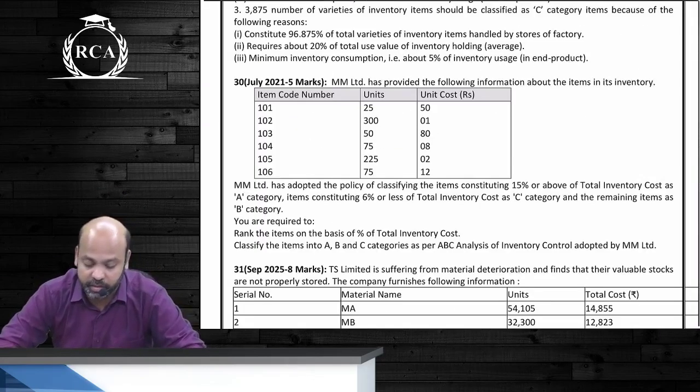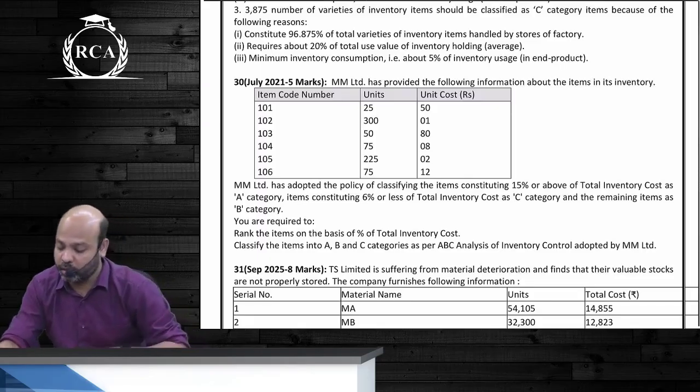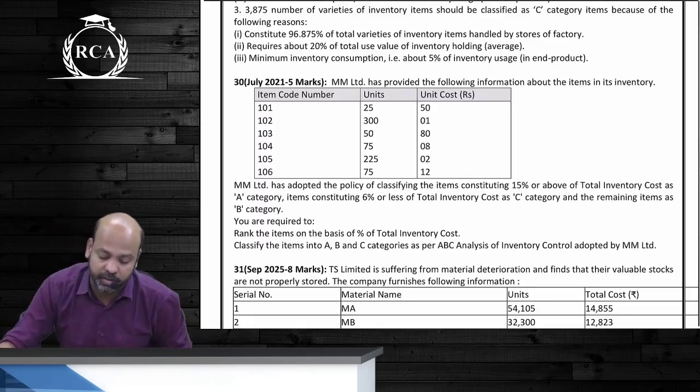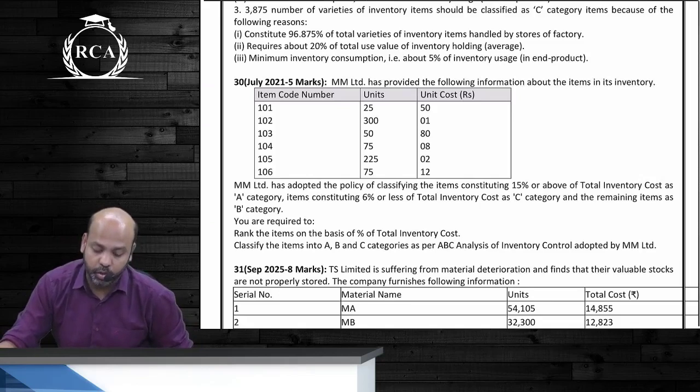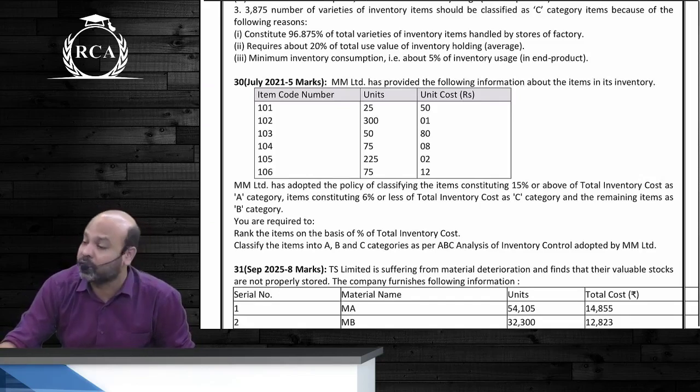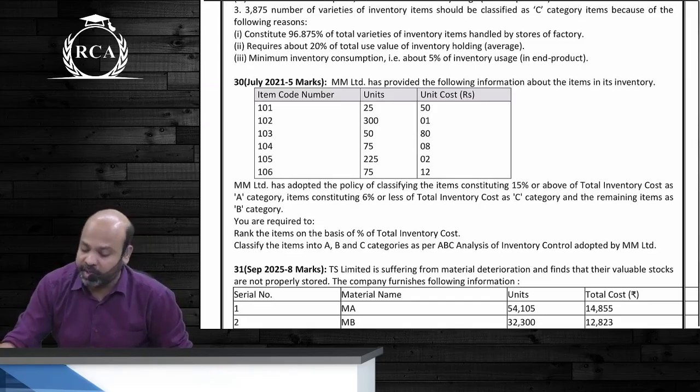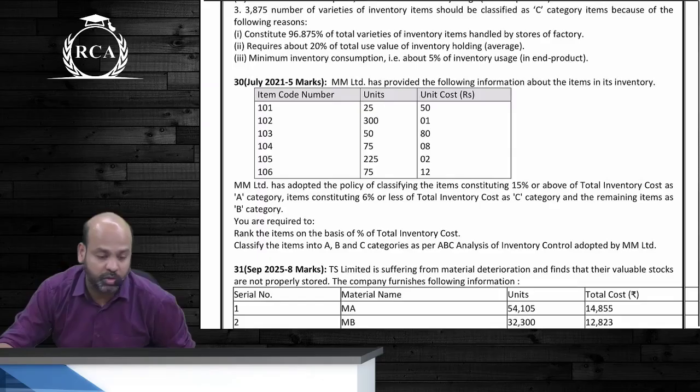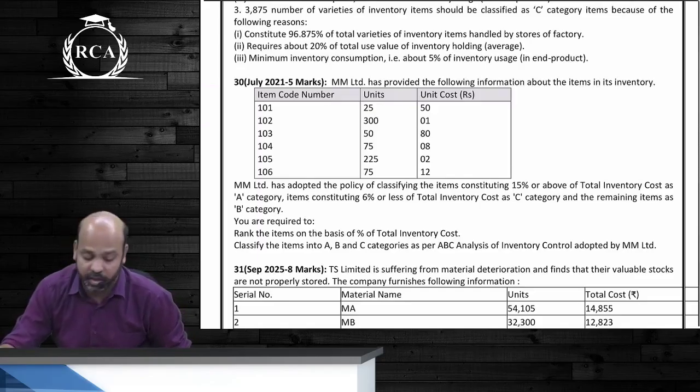Question 30. Limited has provided the following information about the items in its inventory. Item code numbers 101 to 106. We have units, we have unit cost. ABC analysis is based on per unit cost, or is it based on total cost? What you will do is multiply units by the unit cost, and write the total cost of those inventories.